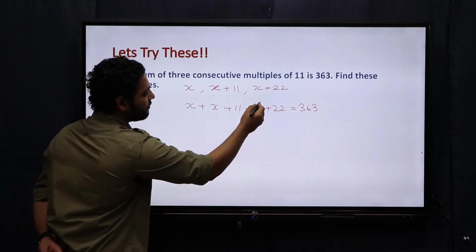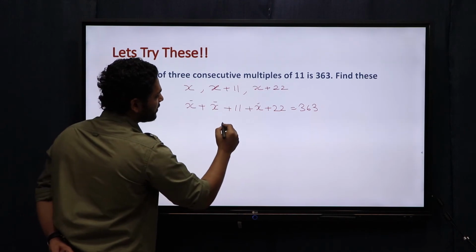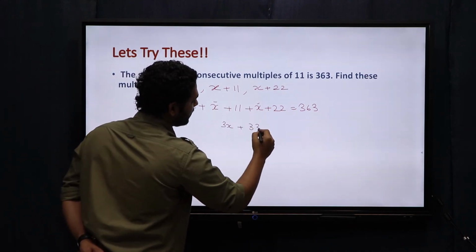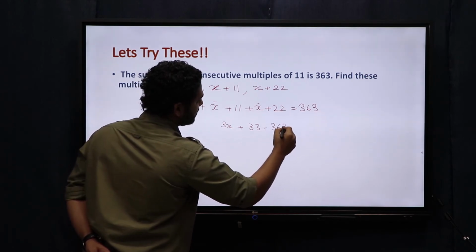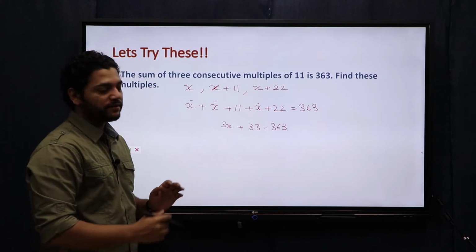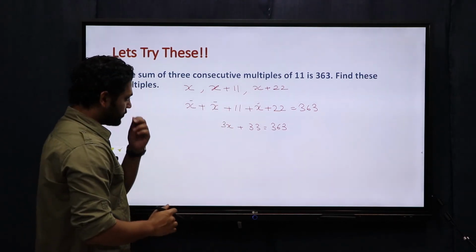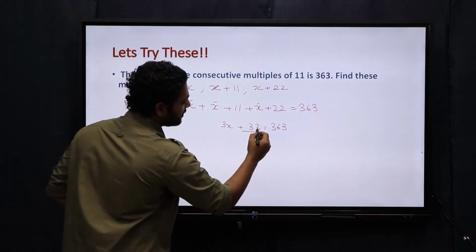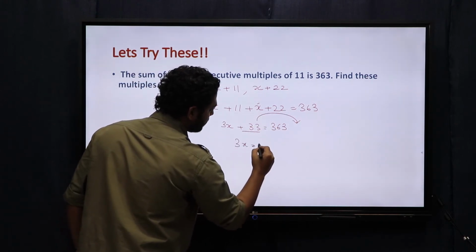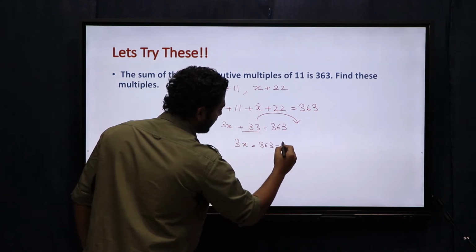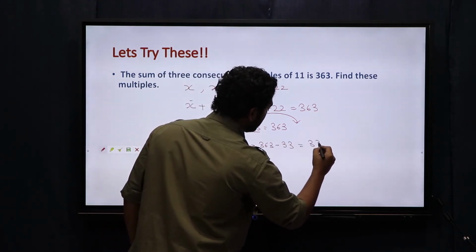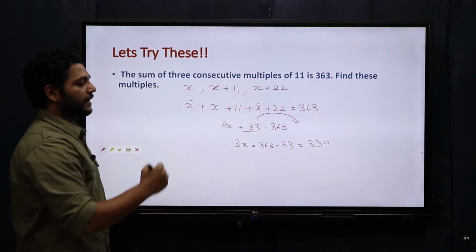Now I combine the variables, which is 3x plus the constants 33 equal to 363, right? Now I want only the variable on one side and all the other things on the other side. So what do I do? Simply transpose this from here to here, right? So it will be 3x equal to 363 minus 33, which is equal to 330, right?